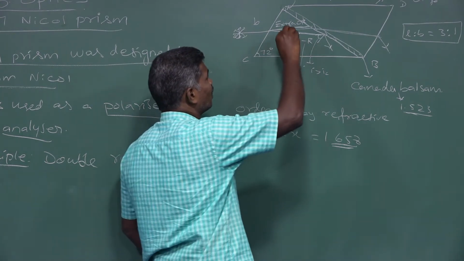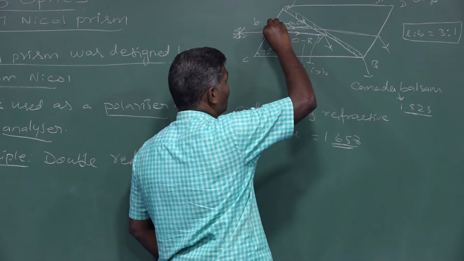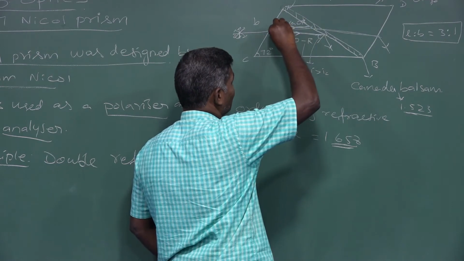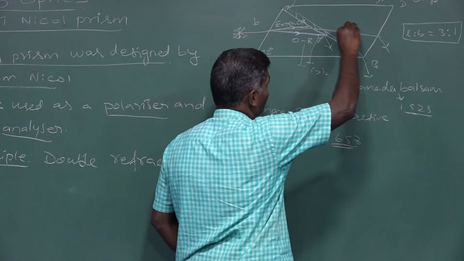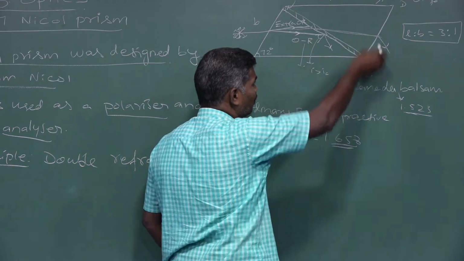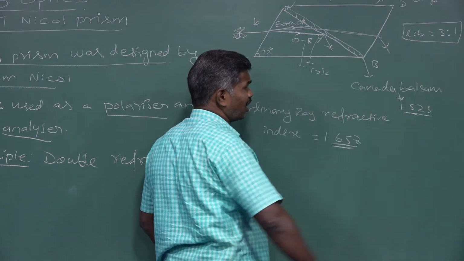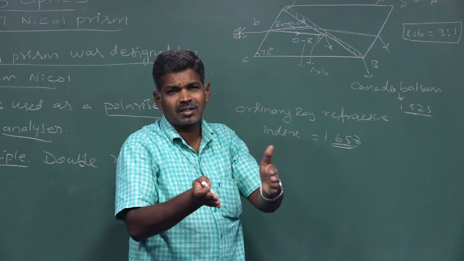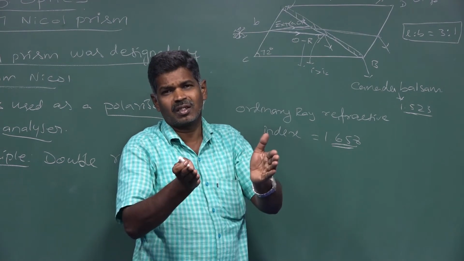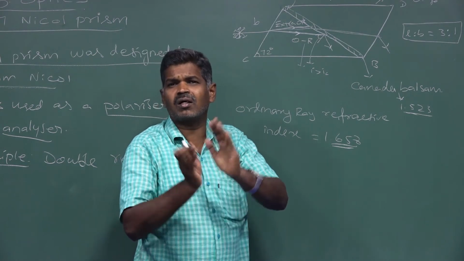That's why it will not bend. In whatever direction it enters the calcite crystal, in the same direction it moves straight and emerges out, but the emerged ray is bent in a certain direction. This bending direction is not constant.